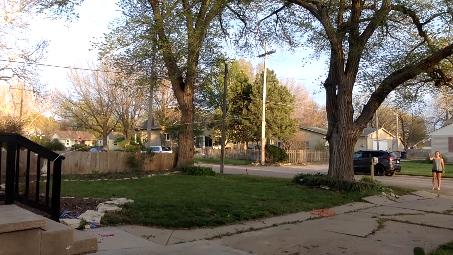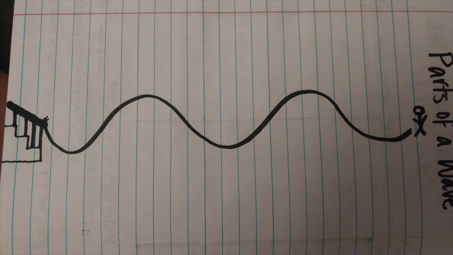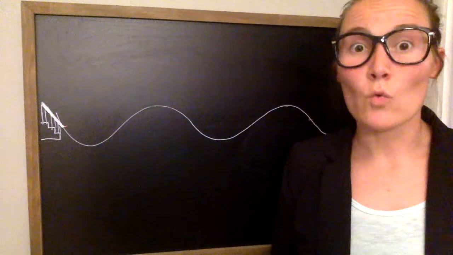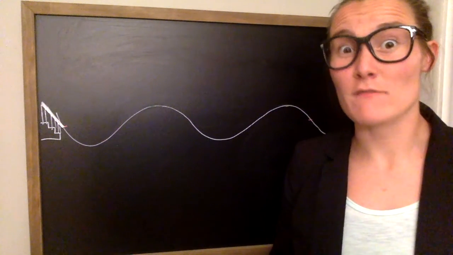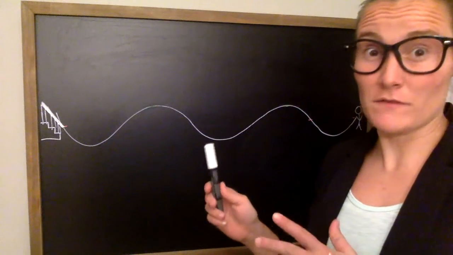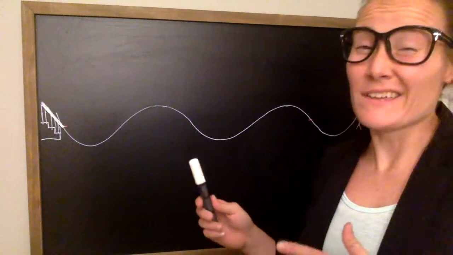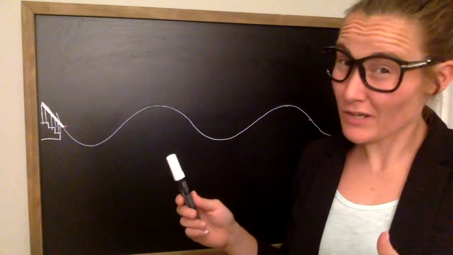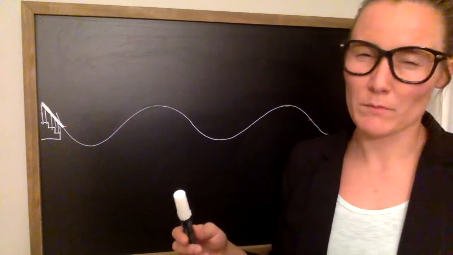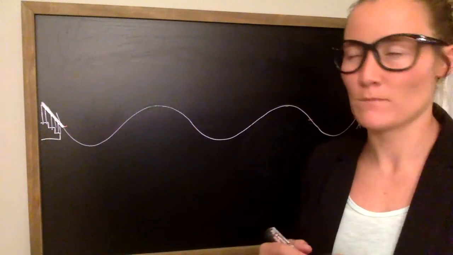Draw a little stick figure there. Once you've got your initial sketch of a wave, we're going to actually diagram all of the different parts of this together. You might find it helpful to have a couple of different colors, but if you're just working with one pencil or one color, that's okay too.